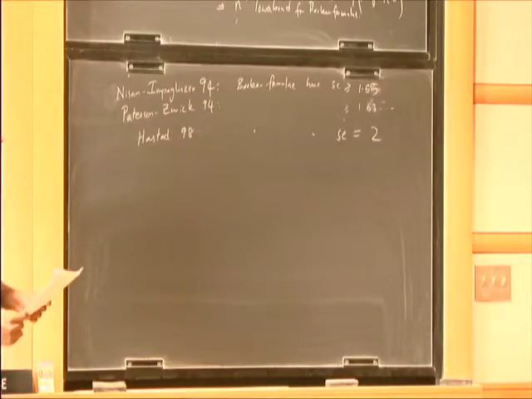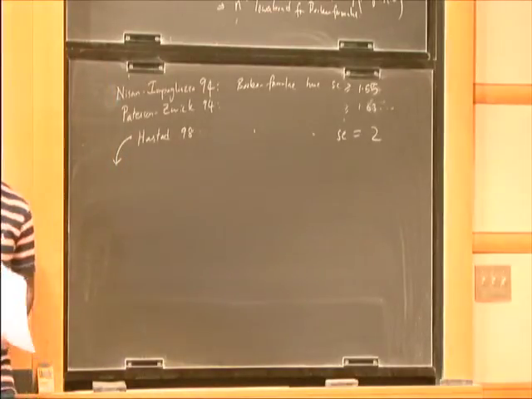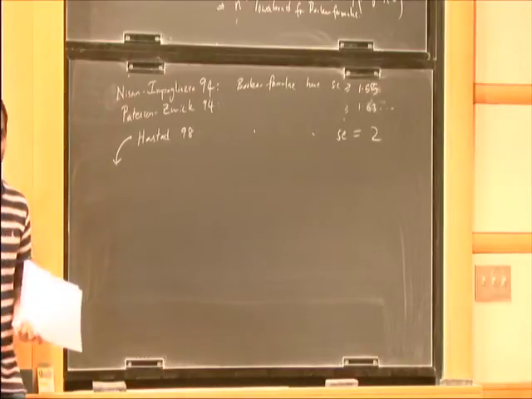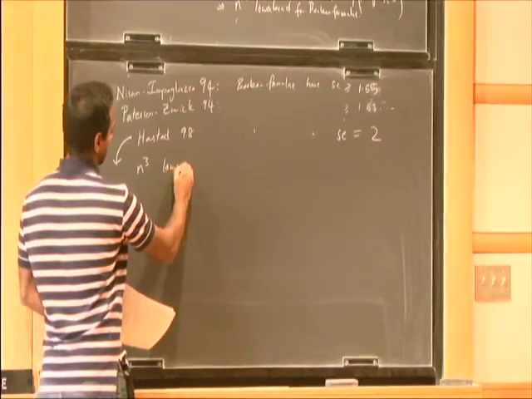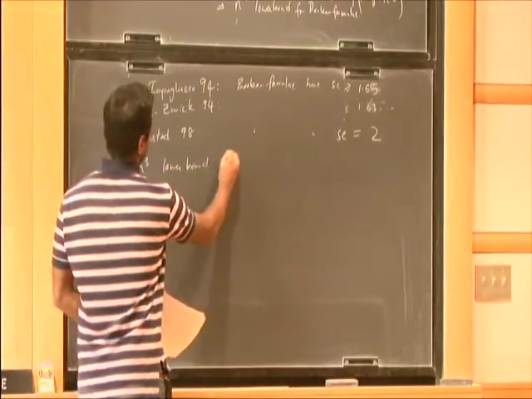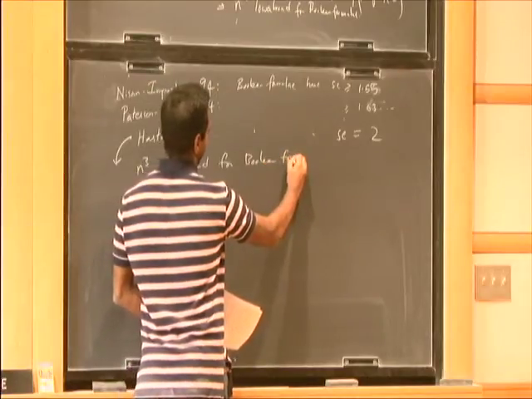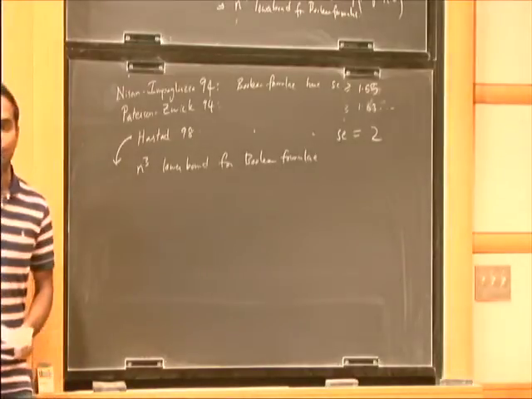So if you plug this into Andreev's result, you now get the best lower bound for separating P from NC, which is an n cubed lower bound for Boolean formulas, an explicit n cubed lower bound.